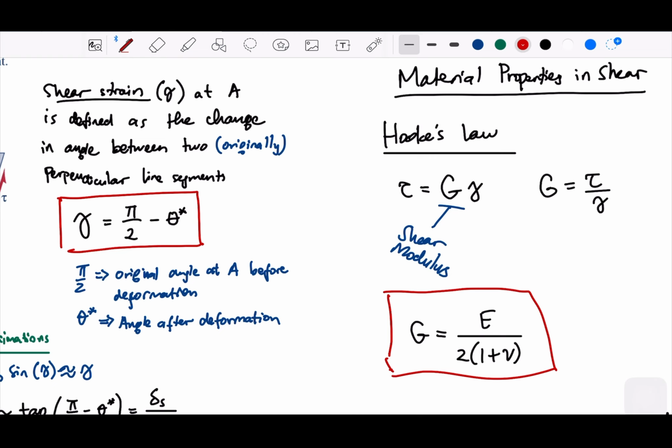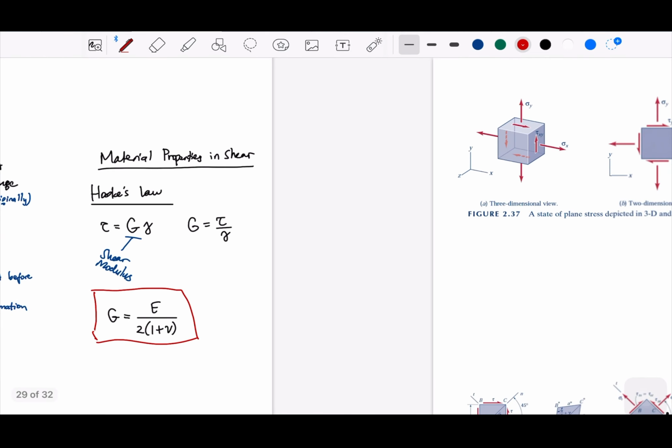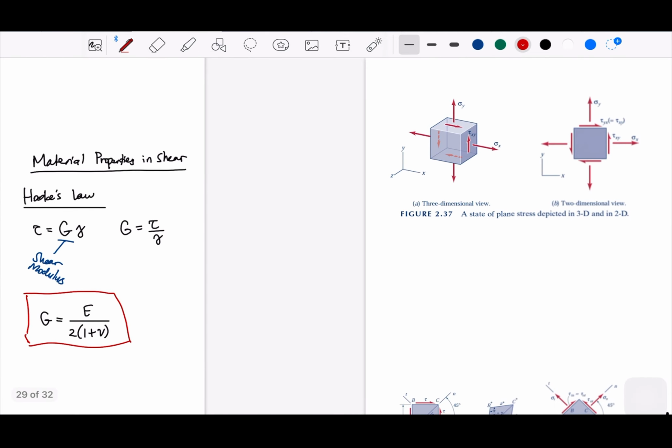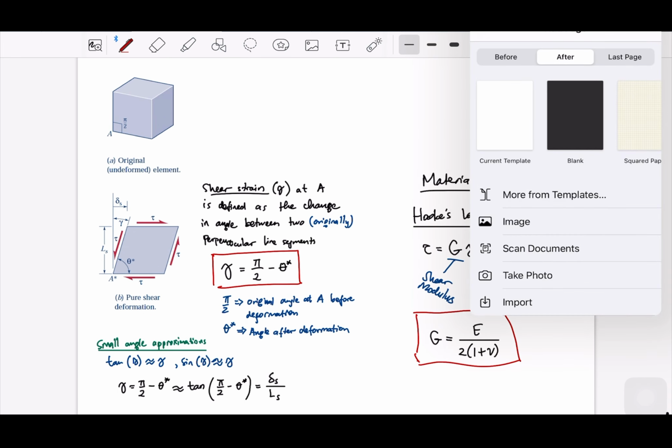Okay, let me give you an example on the shear stress. Since I forgot to write the question, let me just draw it very quickly here.